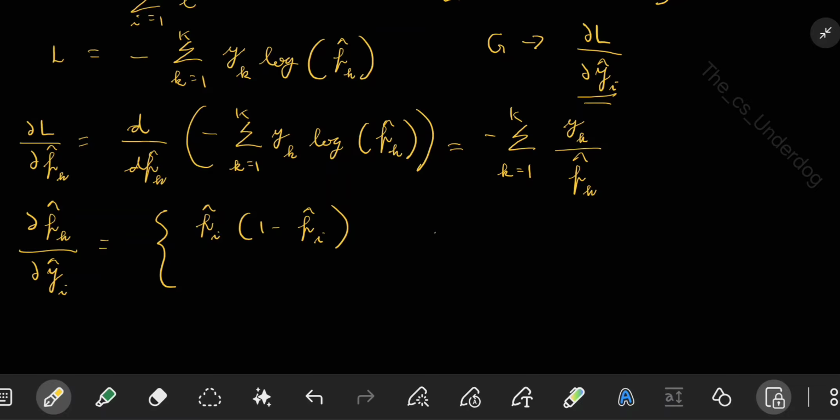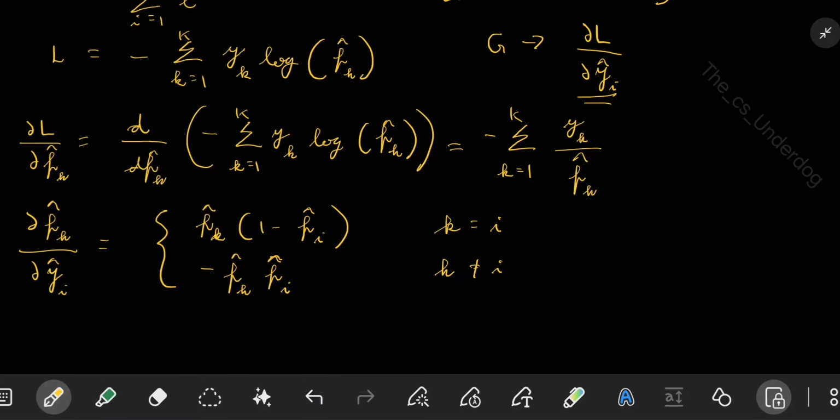This is in case k is equal to i. And the second thing is minus pk cap into pi cap if k is not equal to i. So as of now, you will be thinking, oh, how did you get this term directly? Oh, this should be pk cap.